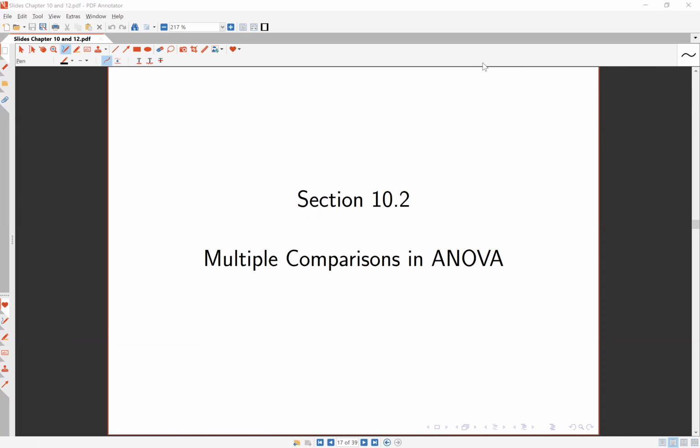We looked at the basic methodology in our previous class, but kind of ended up in this space where we could reject the null hypothesis of no difference and therefore conclude that there are differences, but not know which groups or which populations differ from one another in a statistically meaningful way.